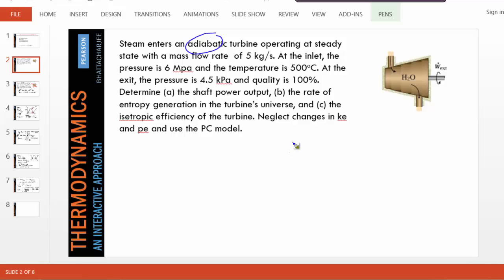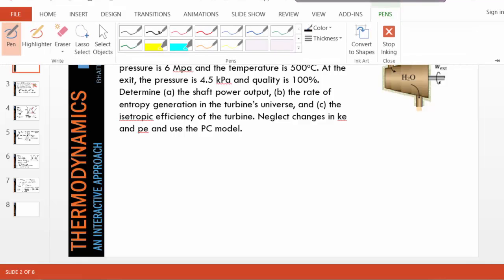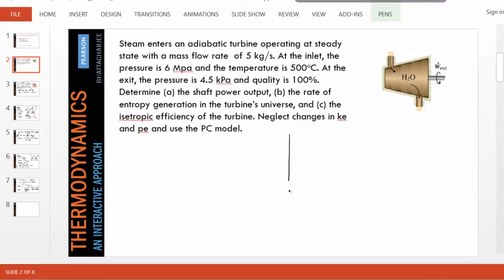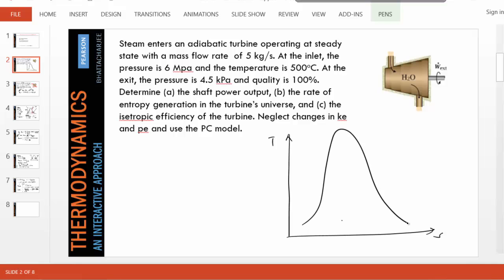So just to put this in perspective, let's quickly draw the system on a TS diagram to see what is going on, what are the different states we have to compute. Obviously we have to use the PC model.